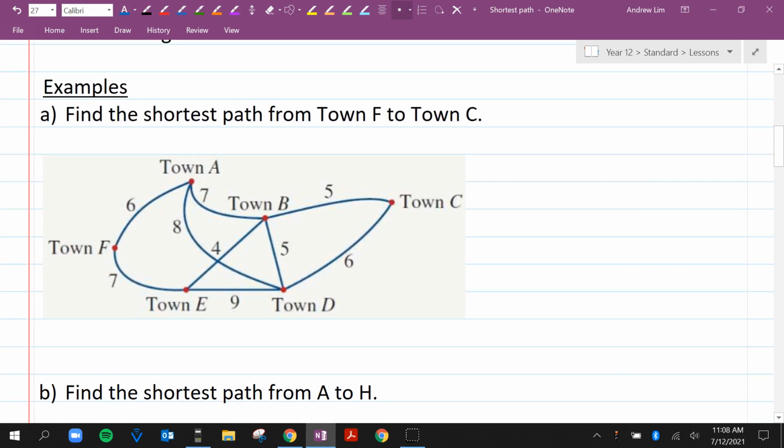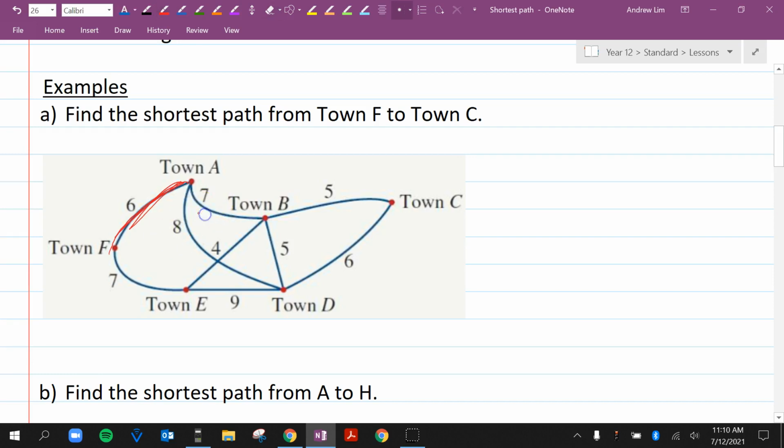Example A. Find the shortest path from Town F to Town C. So here we've got Town F to Town A, and we've got Town F to Town E. Now I might start with Town A. Right, I can see that there are three ways to get to Town A. Through this way, and this way. But what's the shortest way?